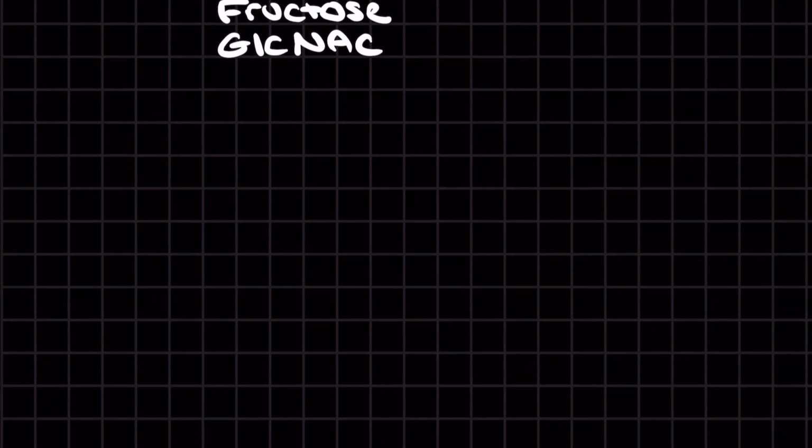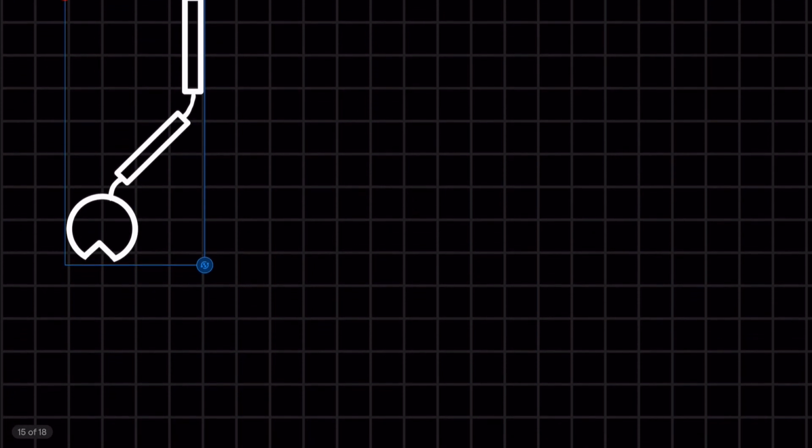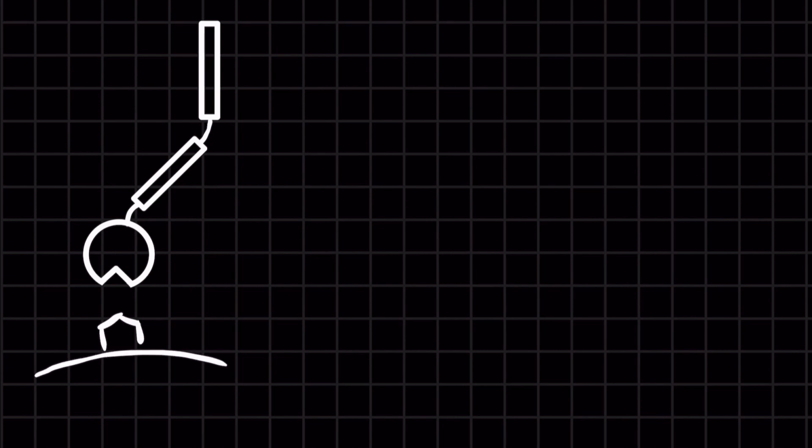So with that out of the way, let's actually show what this binding looks like by giving the structure of a single MBL subunit. It looks something like this, where this little circle thing on the bottom is the C-type lectin domain. If this is a pathogen's surface, then this would be the mannose on its surface, and the binding event would happen here. And it's important to note that this binding event is actually quite weak.